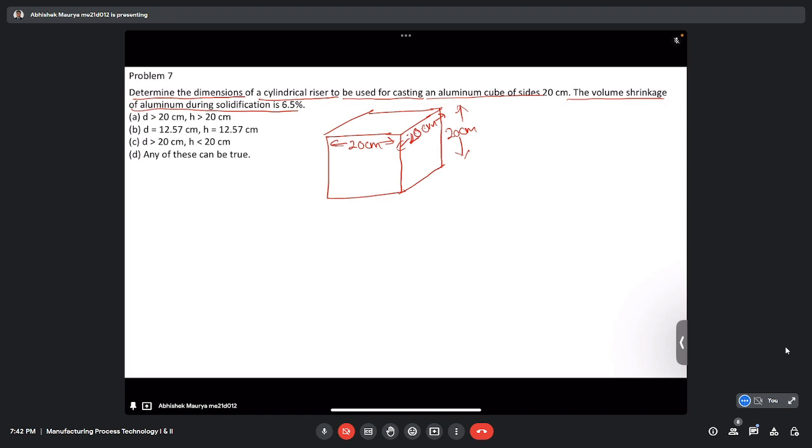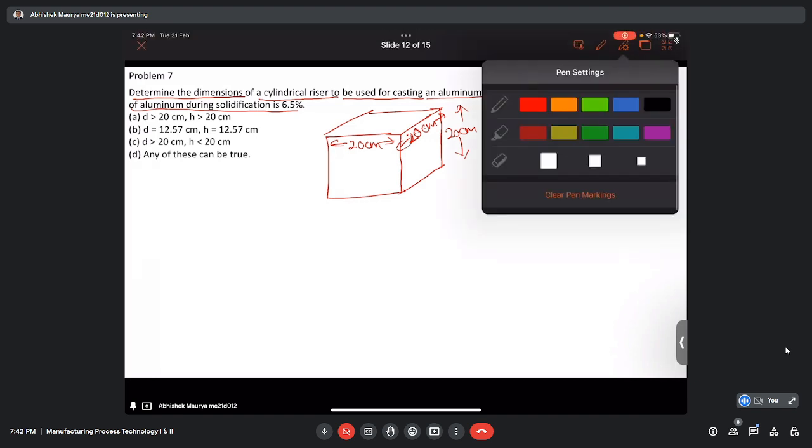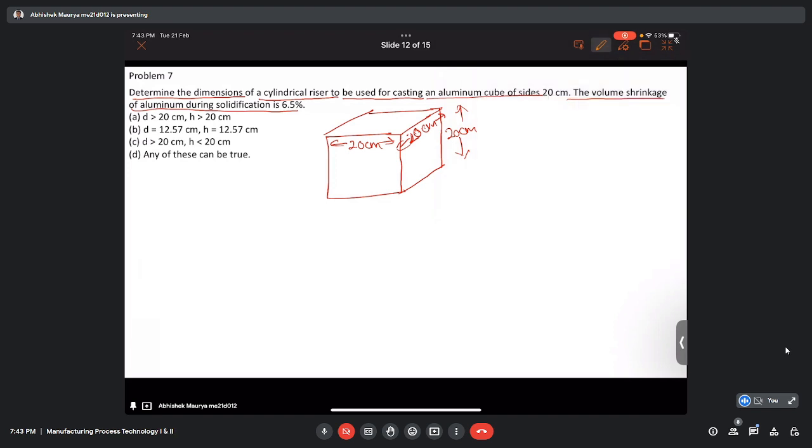So this is the final product we want. So what we will do is make a mold cavity of the same dimension.